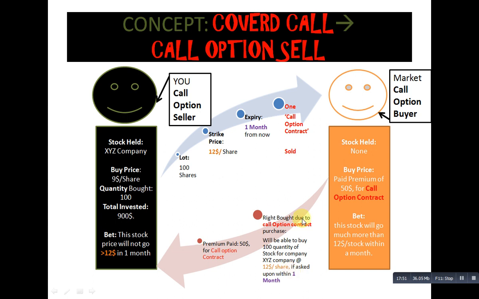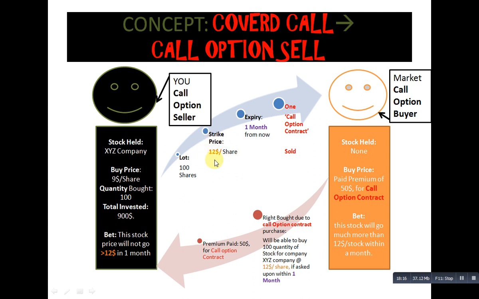Now, with this said, I'm going to familiarize you with some terminologies. So, the transaction of call options only happens in lots. One lot is 100 quantity of shares. Okay, so that's the lot size. Second is this $12 which we spoke about, which is called the strike price.